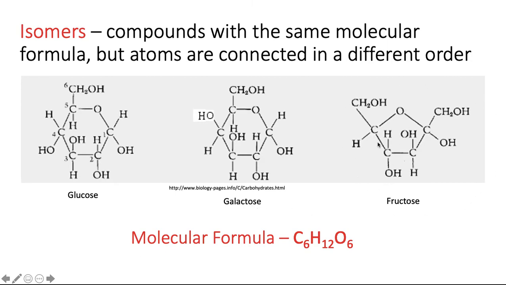It has what we call a 5-membered ring, meaning five atoms form this ring, a pentagon, instead of a hexagon. I have one less carbon in this ring, but I have one more carbon sticking up here. So instead of this carbon being in the ring, it is now sticking up here, and the oxygen, instead of bonding here, is bonded to this carbon directly. This is a completely different compound.